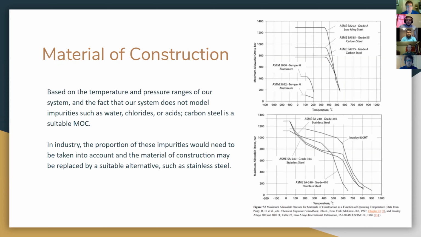So if you were in industry, you would have to take into account those waters, chlorides, and acids and possibly use a different material, depending on how much of that was appearing in your VGO and other streams. You could use a material such as stainless steel in that case. But for our situation, we move forward with carbon steel due to our model not including those impurities.